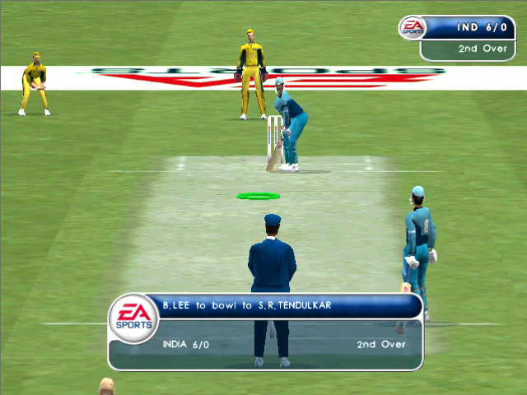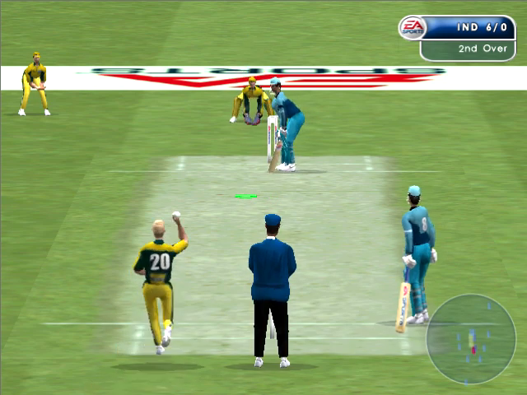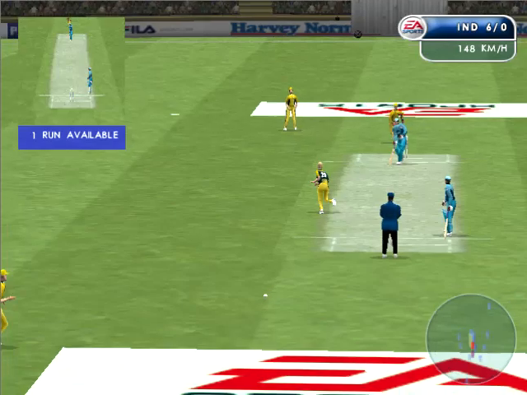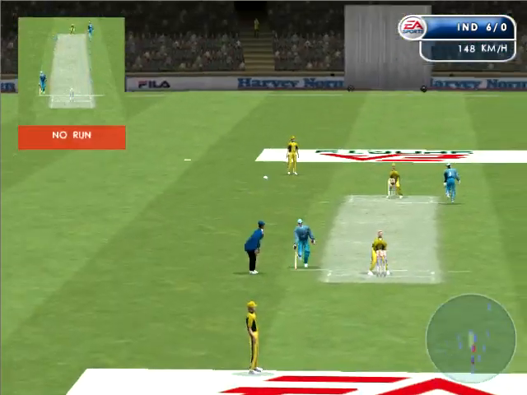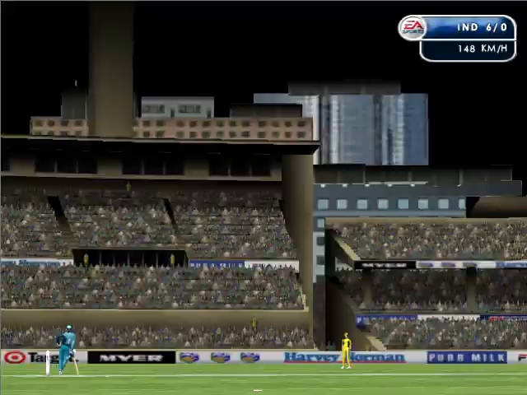Tendulkar waiting at the striker's end. The required run rate has crept up to around 6.5 and over. He's worked that into the gap. Lee to Ganguly.